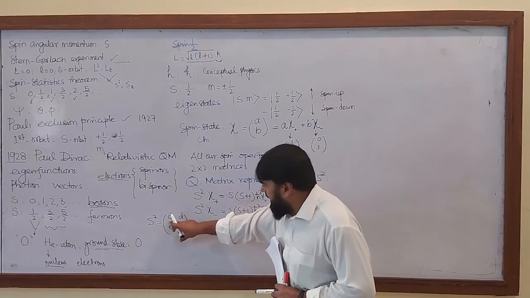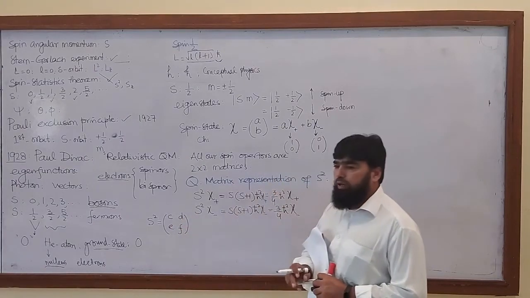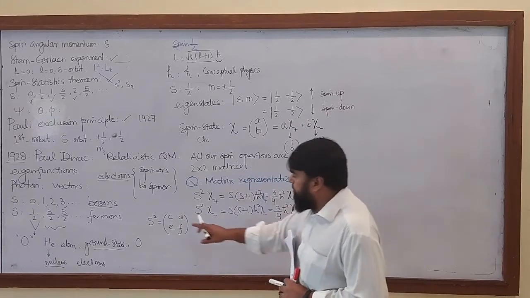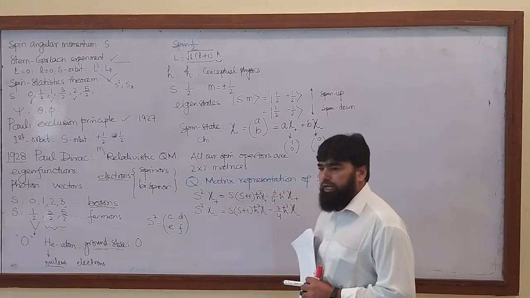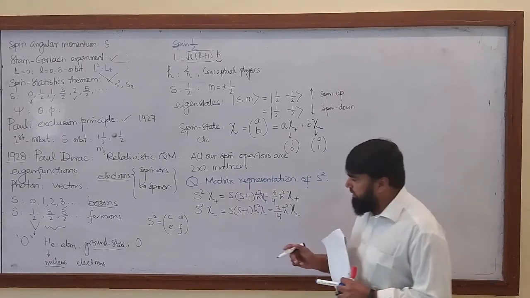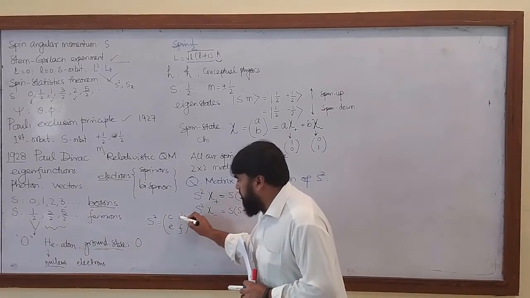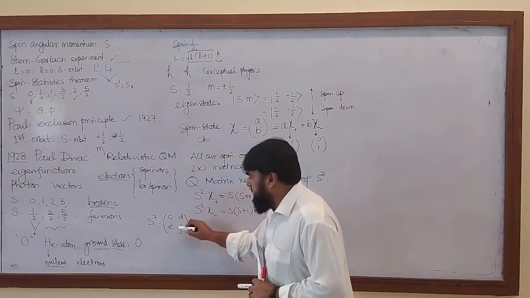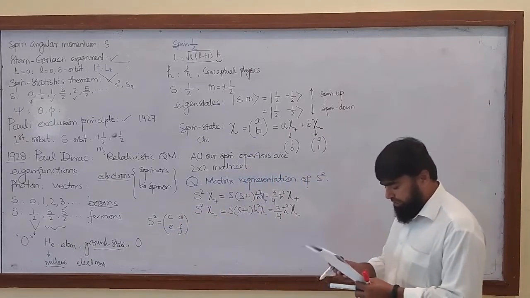So I will have to find out the values of C, D, E, and F. Then I will be able to find out this. So there are 4 unknowns here, C, D, E, and F.